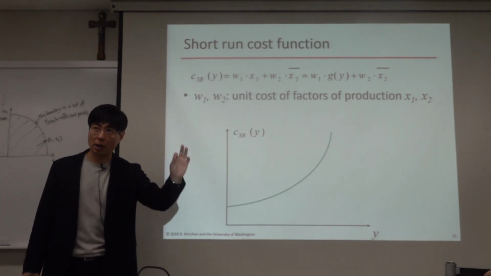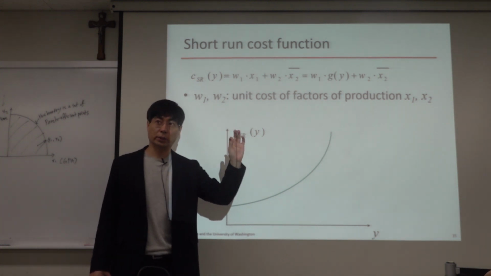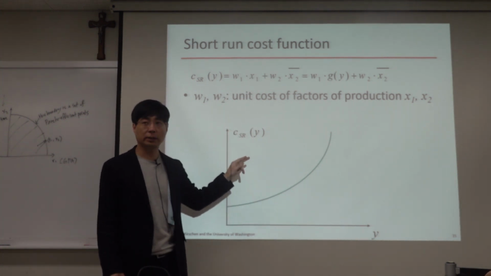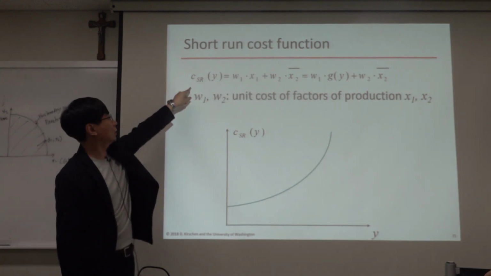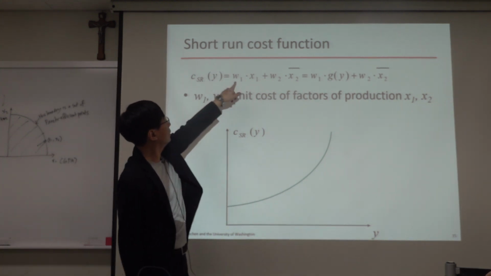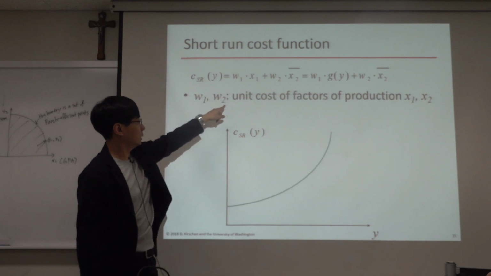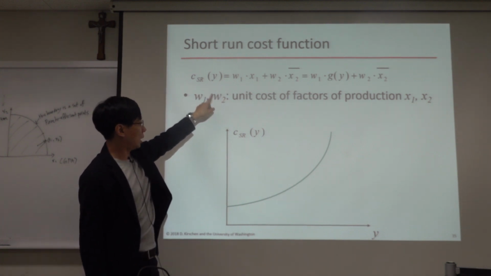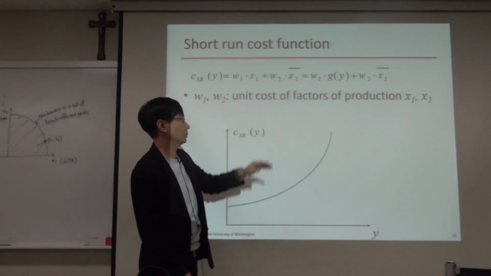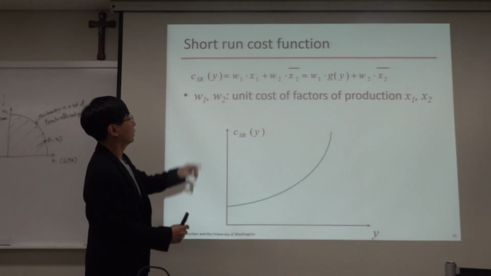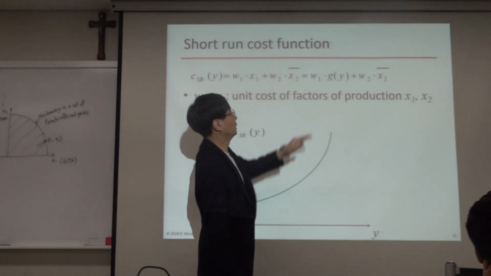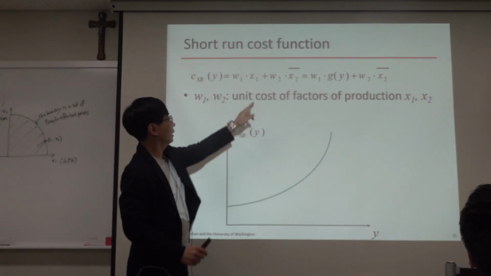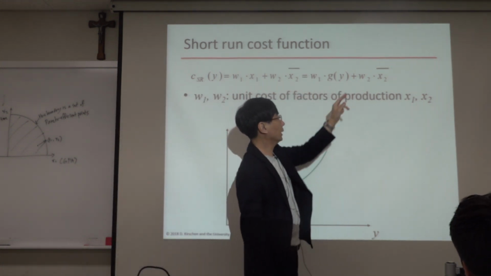Marginal cost is an increasing function, which means that the original cost function is a convex function. So here the short run cost is W1 times x1 plus W2 times x2, where W1 and W2 are the unit costs of factors of production x1 and x2. The second term is fixed. And using the inverse function, x1 is given like that.